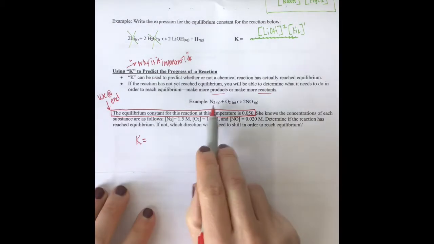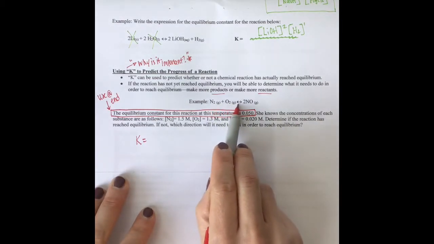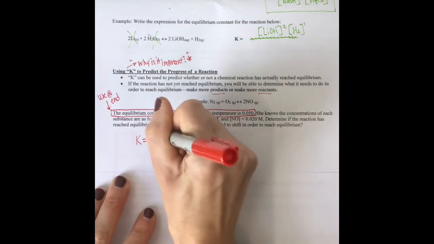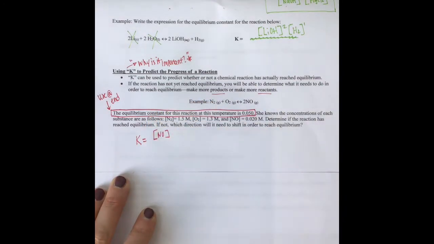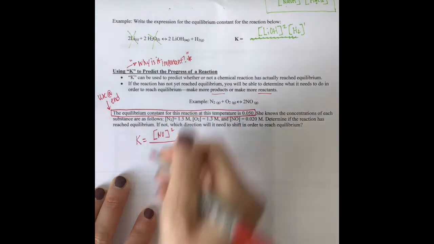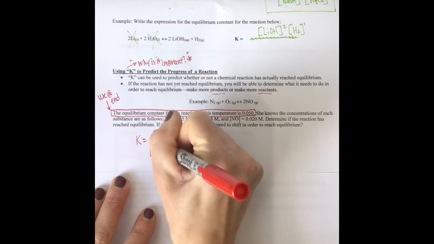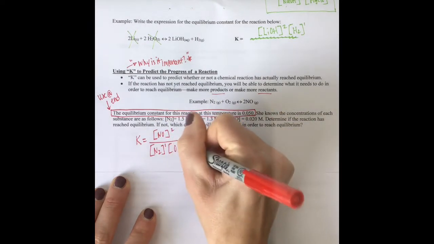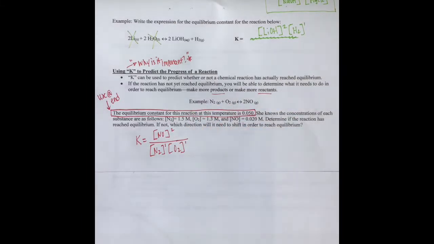Okay, so here's my reaction. I don't have any solids or liquids, so I'm going to include everything that you see. So I'll have NO squared for my products on top, and then I'll have nitrogen gas and oxygen gas for my reactants on the bottom.